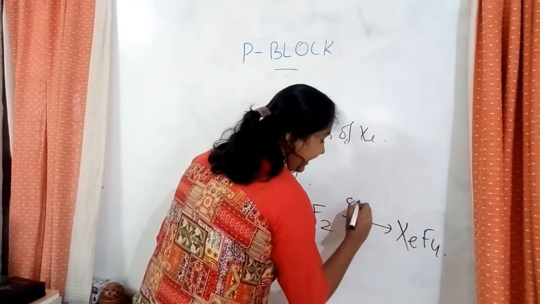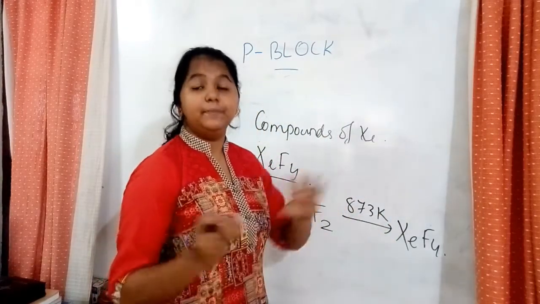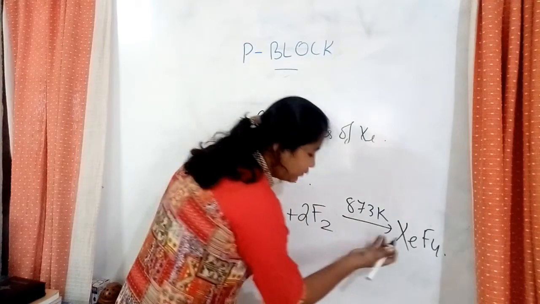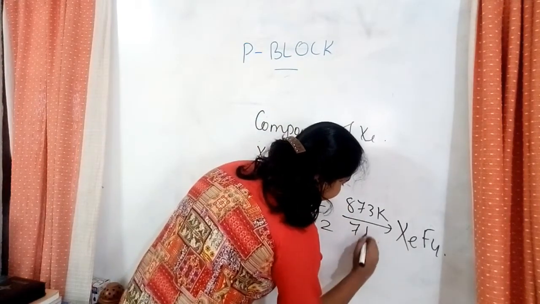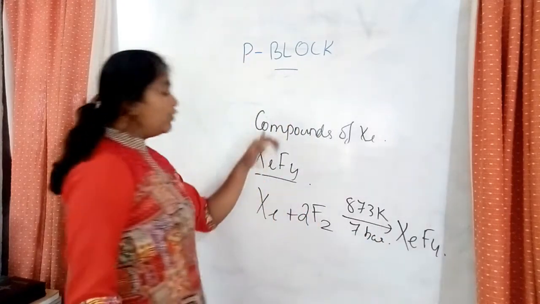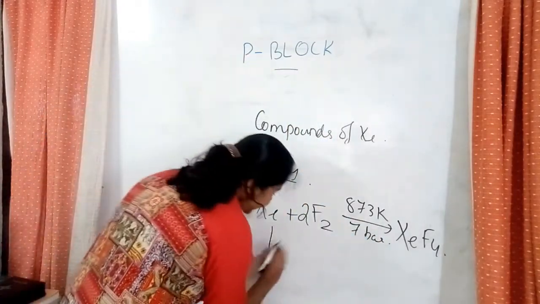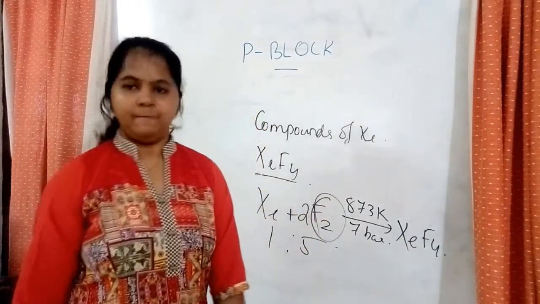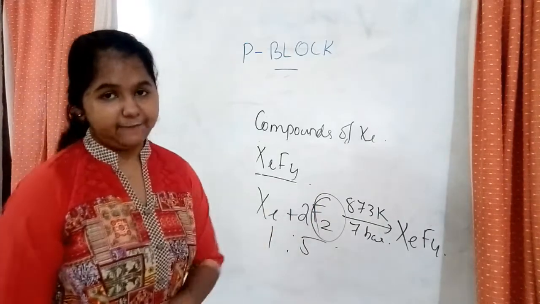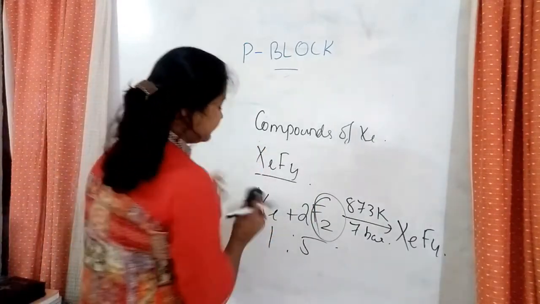It should be 873 Kelvin, that is 200 Kelvin more than the previous one, XeF2. The pressure should be 7 bar. In the previous one we took excess Xe, but now we are taking it in the ratio 1:5, that is, F2 is in excess. That is the XeF4 formation.